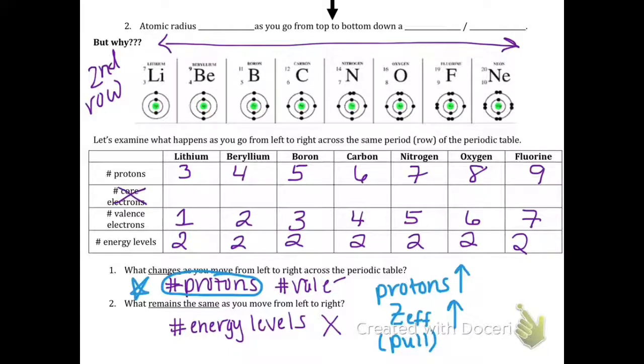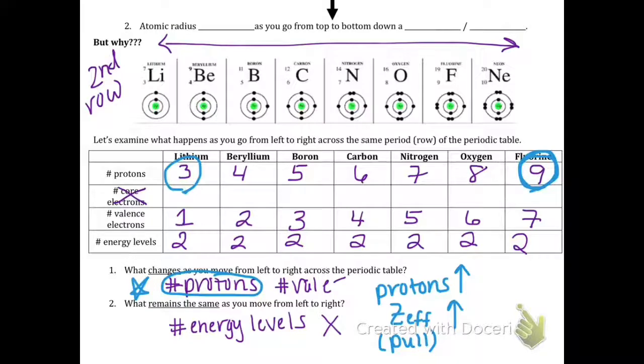If we look, lithium only has 3 protons, but fluorine has 9. So lithium doesn't have that much attraction, not that many protons, low Zeff, so low attraction. But fluorine has 9 protons. That's a lot of protons. That means a stronger Zeff. That hug, that pull is going to be really close together, and therefore the attraction is really strong.